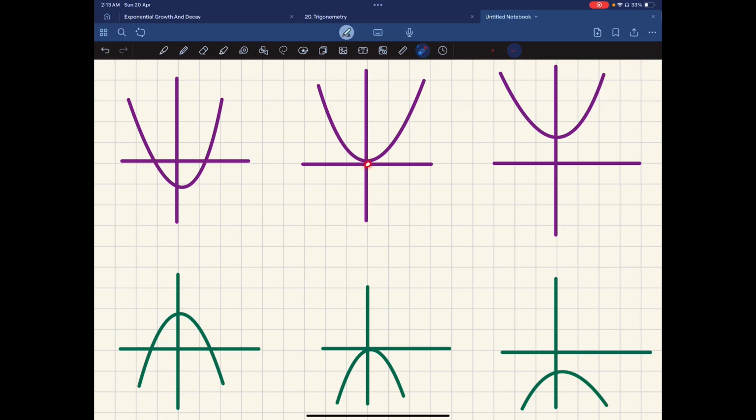In this case, just at 1 point. It is tangent to the x-axis at this point. And in the third case, it is not intersecting the x-axis at all. This is in case of U-shaped parabolas.